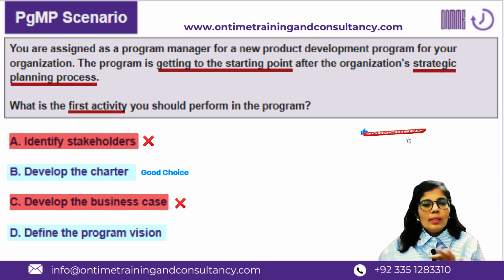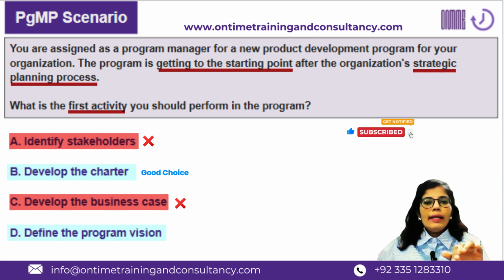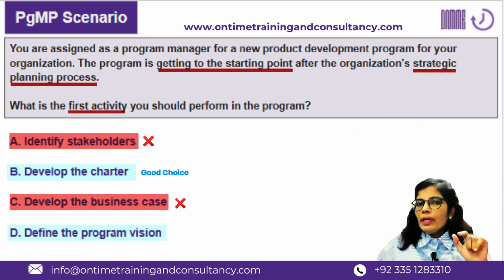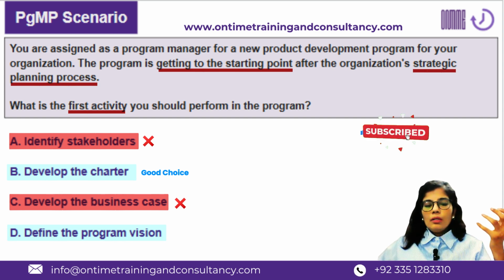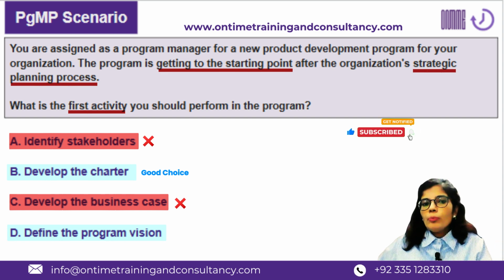Option D, define the program vision. Now between B and D, D makes better sense than B. Why? Because any program should not be starting formally without defining a vision. And that vision actually aligns the program with the organizational strategy and the organizational reasoning for doing that program. And that is a continued thing throughout the program.